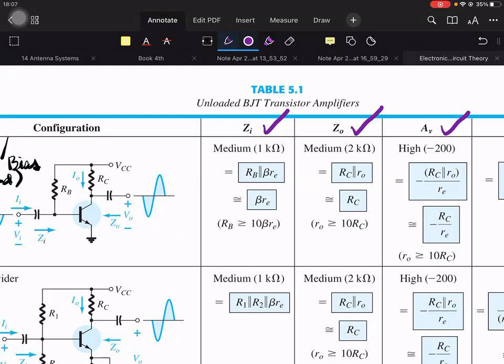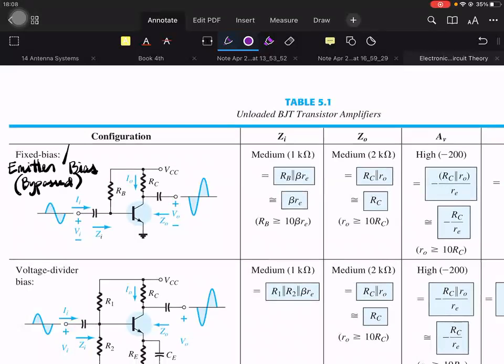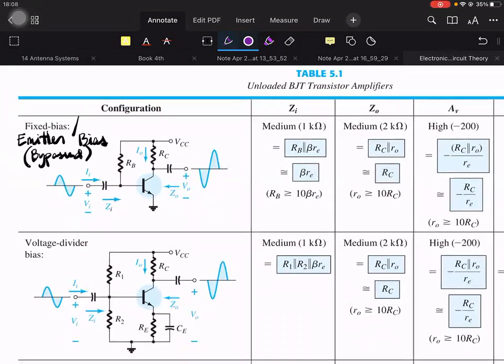So we do not need to memorize, and we will not derive anymore how these equations are obtained, because deriving them is actually tedious and we might get bogged down in the detail. Let's just state them as is: the formulas for how to solve for the impedances and the gain for fixed bias, emitter bias, and voltage divider bias.